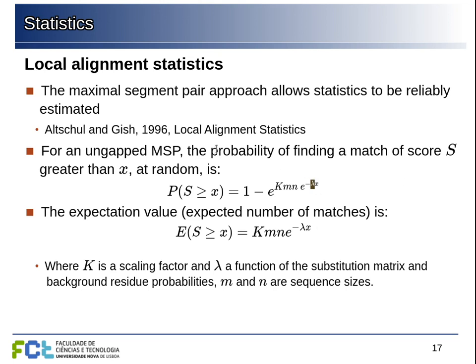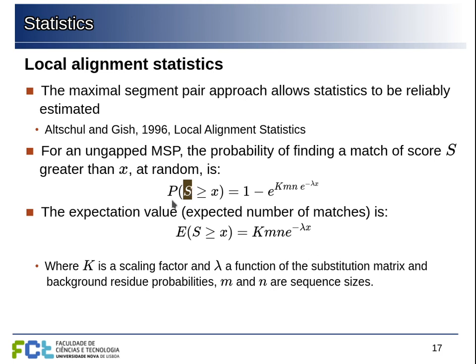I'm not going to show you how to derive this expression or look at it in much detail, but the idea is that as X increases, the probability that we find by chance a score greater than X will decrease, and we have this tail. It becomes lower and lower as we move on. But we can estimate it, and so we can see if finding a match of score S is significant when we are looking at the database.